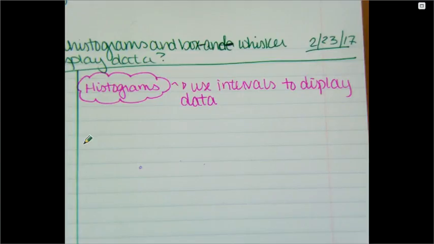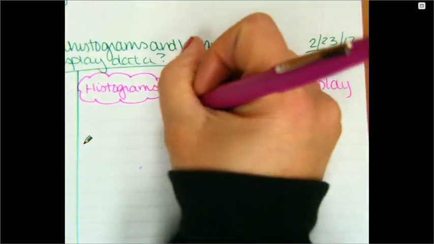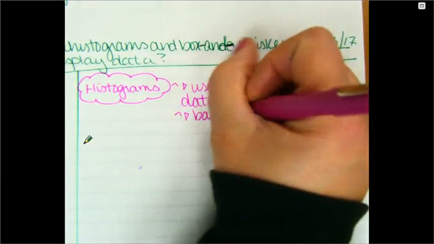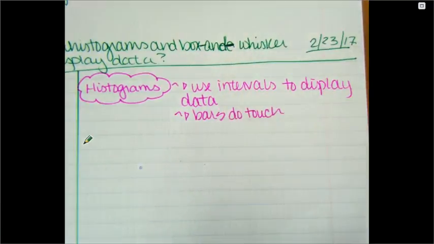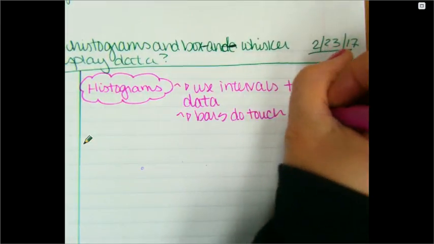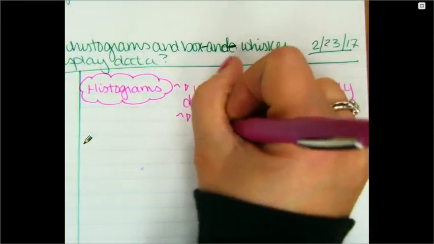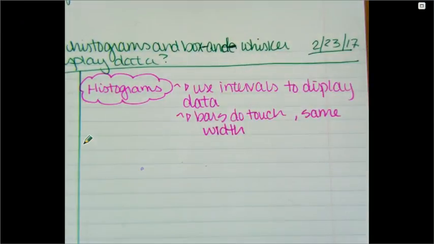That's what a category is. This one uses intervals. Also the difference is the bars do touch. They're still the same width, but they touch.